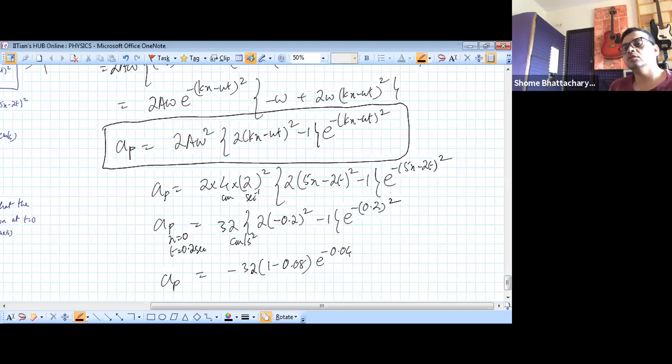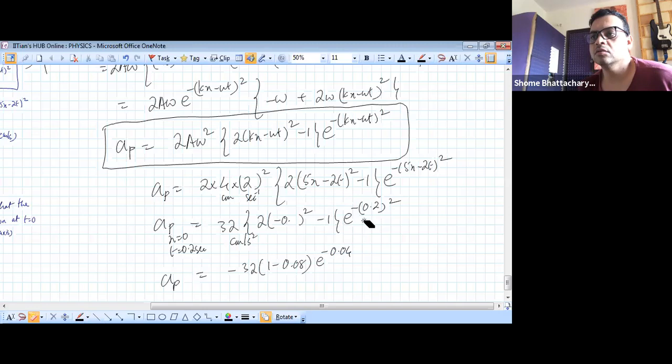Oh, sorry, this was 2t, so my mistake. This is a different value. This is 2 into 0.2, no? Because we are taking the time as 0.2. So this and this are both different values.